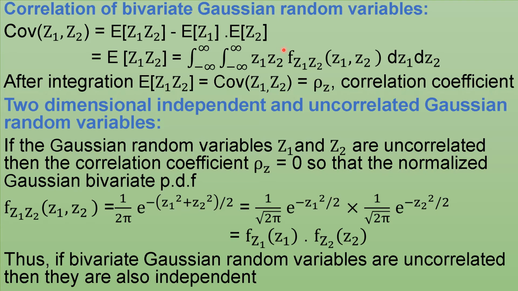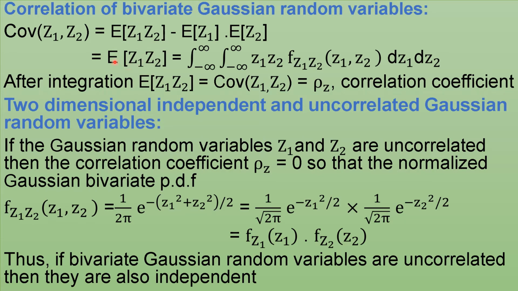Since Z1 and Z2 are normalized Gaussian random variables, expectation of Z1 and expectation of Z2 both are zero. So this will be equal to expectation of Z1 into Z2.